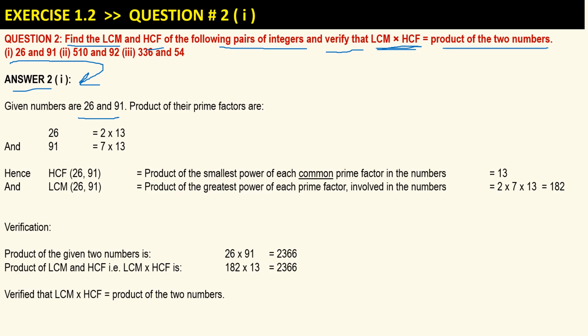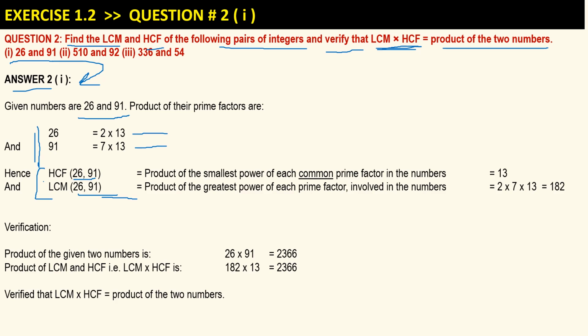We are given two numbers, 26 and 91, and if we see, the product of their primes would be 2 and 13 for 26 and 7 multiplied by 13 for 91. So we try to find the LCM and HCF of 26 and 91. The detailed process of finding the LCM and HCF is given in the previous sessions of this series.